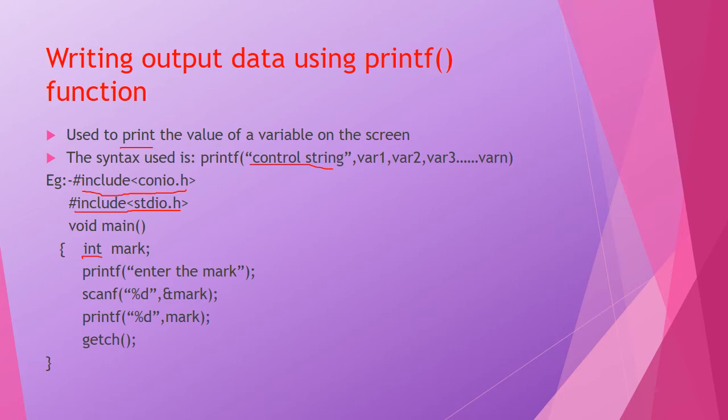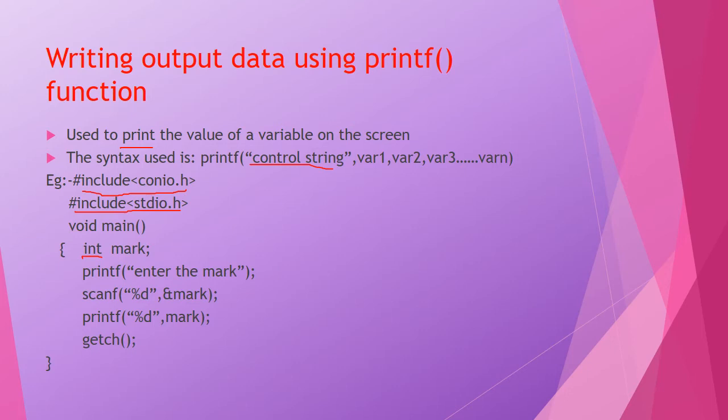In the declaration section, we declare or initialize first what things we need in the program. So, int mark. Now we will print a prompt, because when we go to the output screen, it may show a black screen without anything. So in order for us to understand what is to be entered, we give a printf statement: enter the mark.